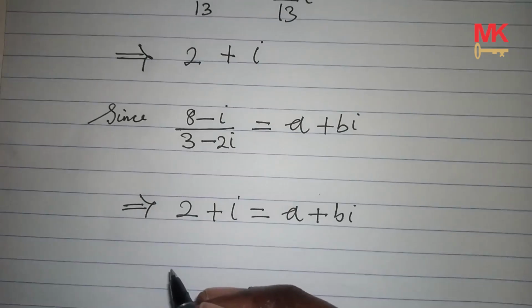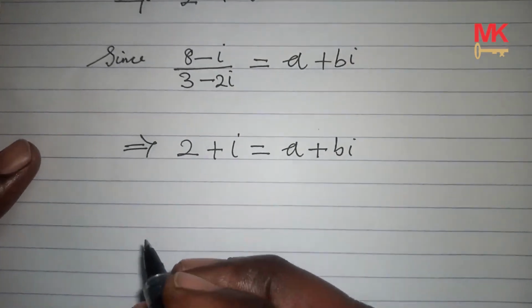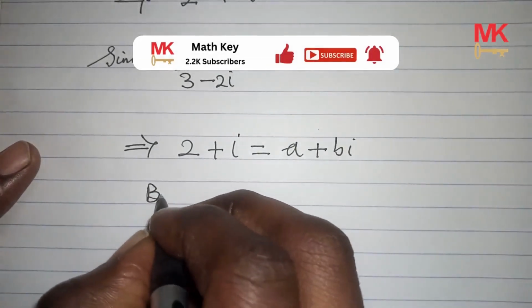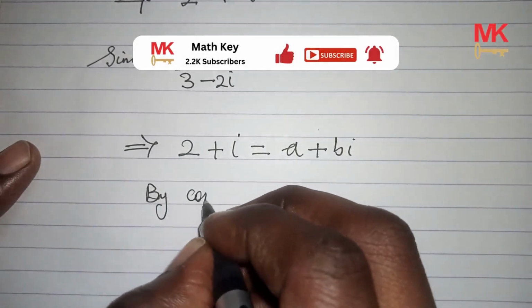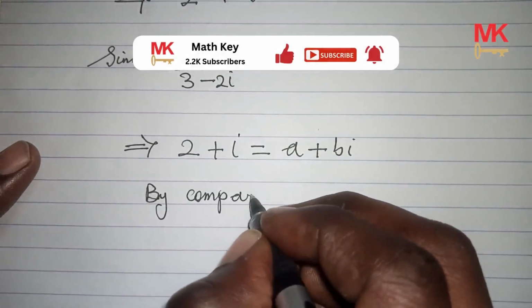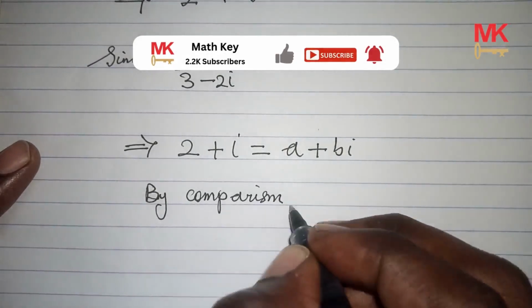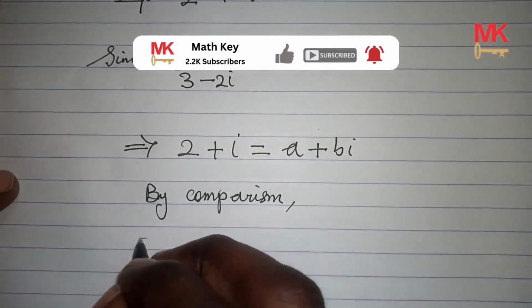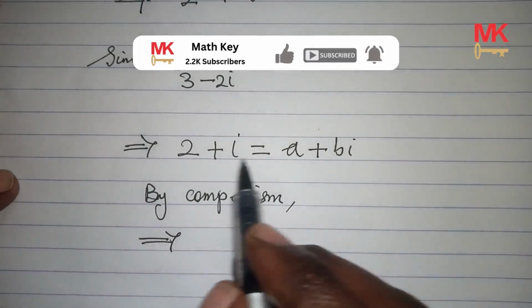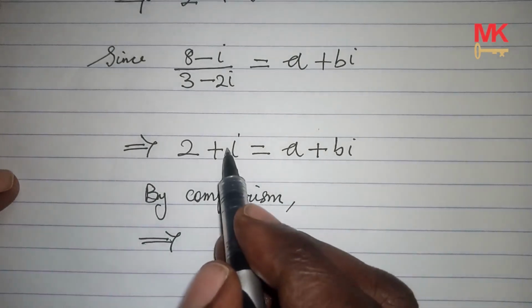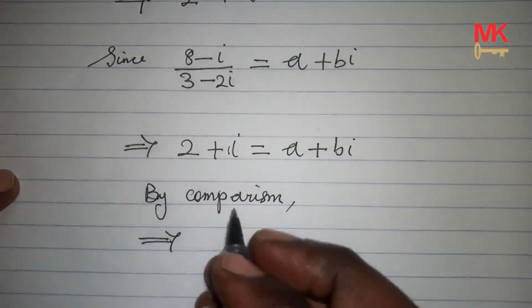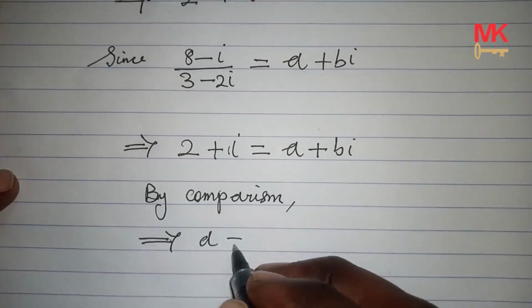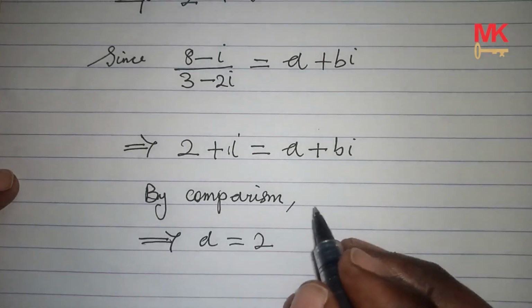So now, by comparison, we can say that a is 2 and b is 1. So a is equal to 2, and that's our final answer.